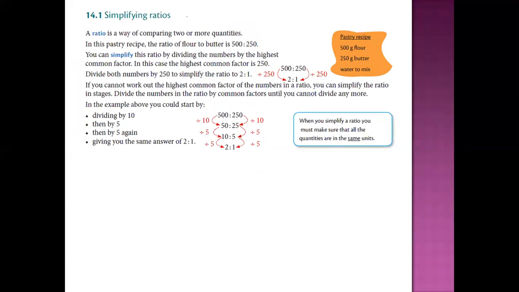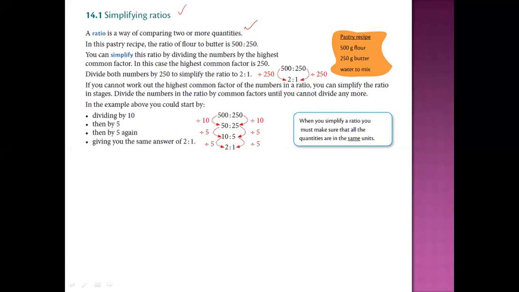Let's first of all read about simplifying ratios. The ratio is a way of comparing two or more quantities. We had already read it. In this recipe, the ratio of flour to butter is 500 to 250.